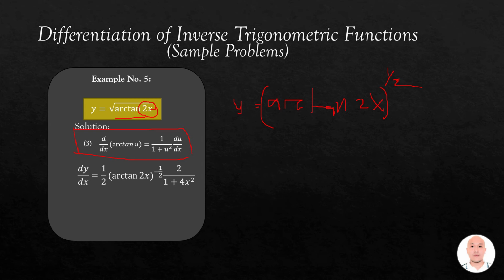So as we can observe, we will still use here the power rule. Then dy over dx is equal to, by using power rule, 1/2 now, where our n is 1/2.